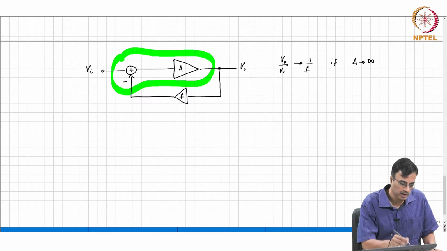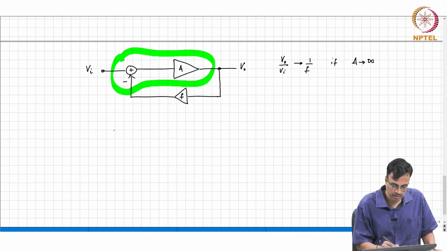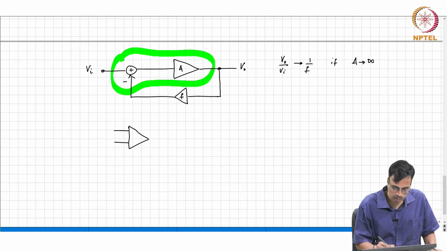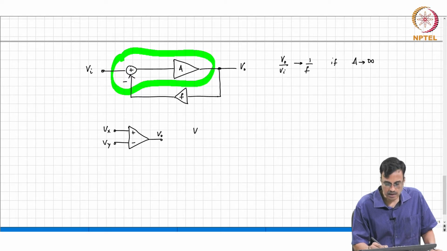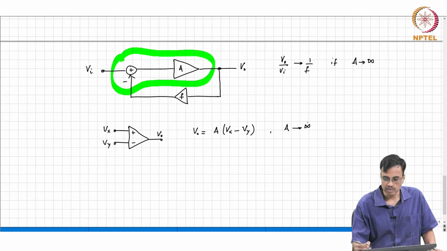So, this was the operational amplifier, and what the operational amplifier was doing was basically taking two voltages Vx and Vy and generating VO equals A times Vx minus Vy, where A tends to infinity.